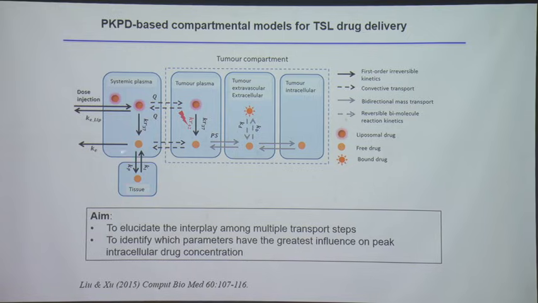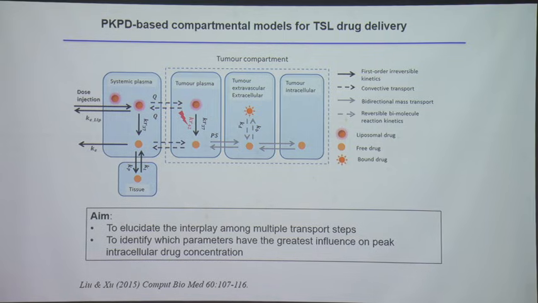And there are obviously communications between the systemic plasma and tissue as well. So you can formulate all of these and write the relevant equations. The aim of using this kind of model is to try to have some understanding about the interplay among these different transport steps, and also to identify which parameters, because we are going to encounter a large number of parameters, have the greatest influence on the peak intracellular drug concentration.